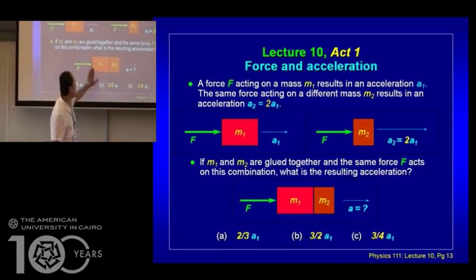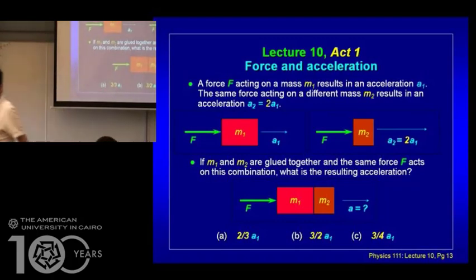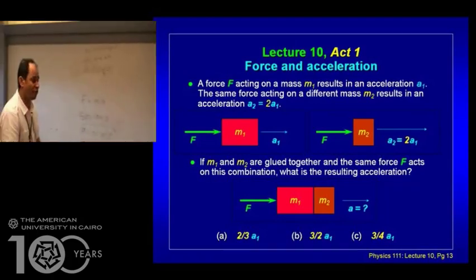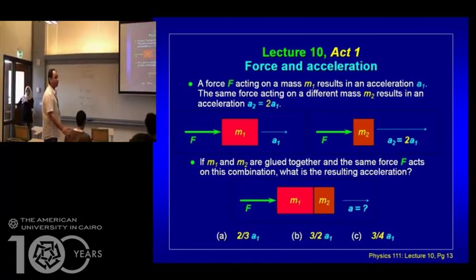Now I'm going to stick the two of them together, and I'll push them with the same force. Can you guess what that acceleration will be as a function of a1? I'll say that problem again. I push the first mass with a force F and we find out that it moves with an acceleration a1.